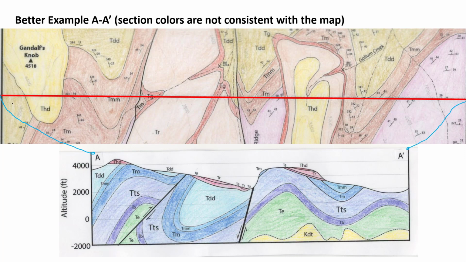For the THD, from here I know this unit is flat because no information is given, but the units below have a strike and dip. This is flat. You can make a note for these two outcrops, place it here, and draw the straight line, and that shows the THD.